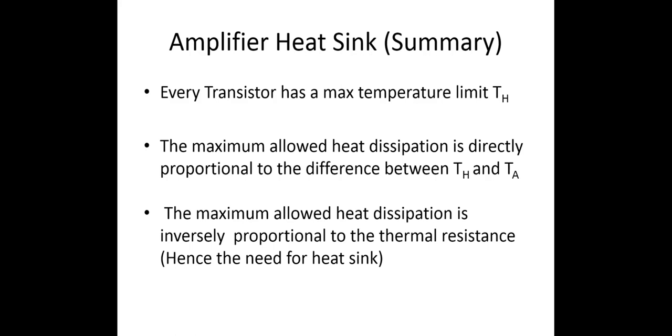For example, for silicon, the maximum TH is between 150 to 200 degrees Celsius. For wider band gap material transistors, like a BJT constructed of gallium arsenide, the maximum allowed TH will be higher. Whereas for germanium, which has a narrower band gap, the maximum TH is lower, around 110 degrees Celsius or so.